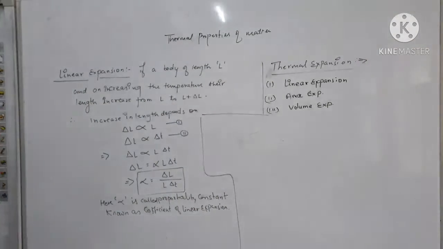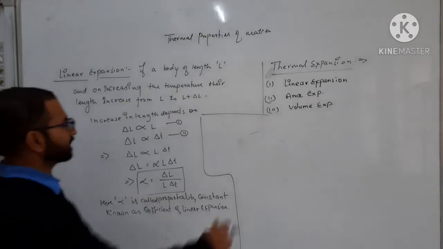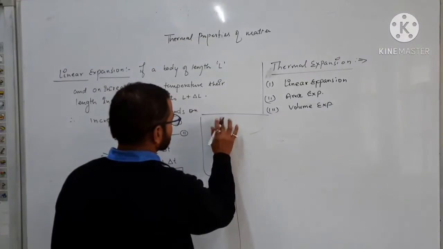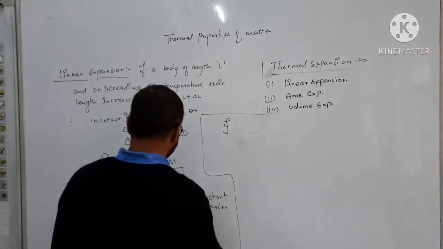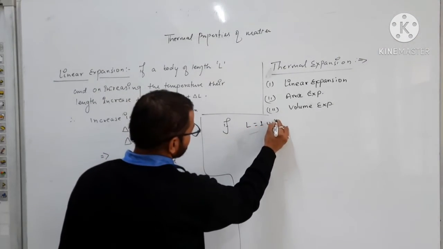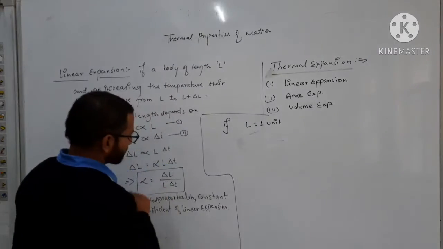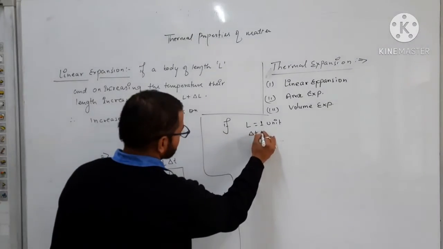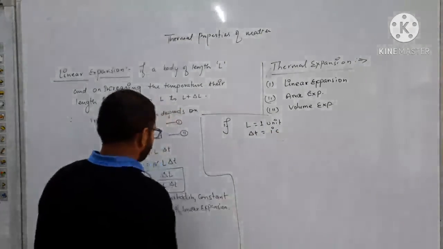Now we will write the definition of this coefficient of linear expansion. Suppose we have L equal to 1 unit, and delta T equal to 1 degree Celsius.